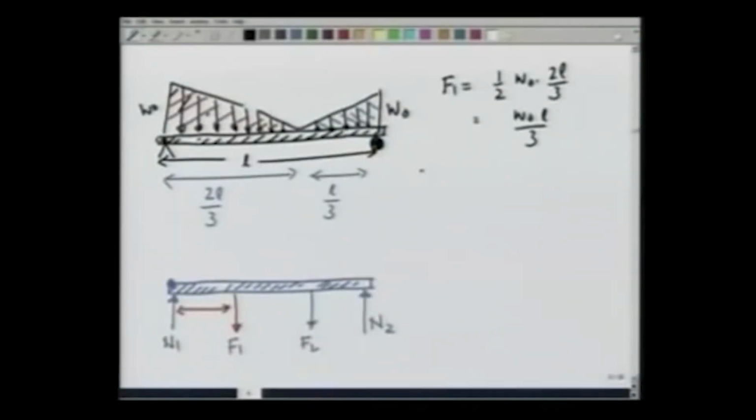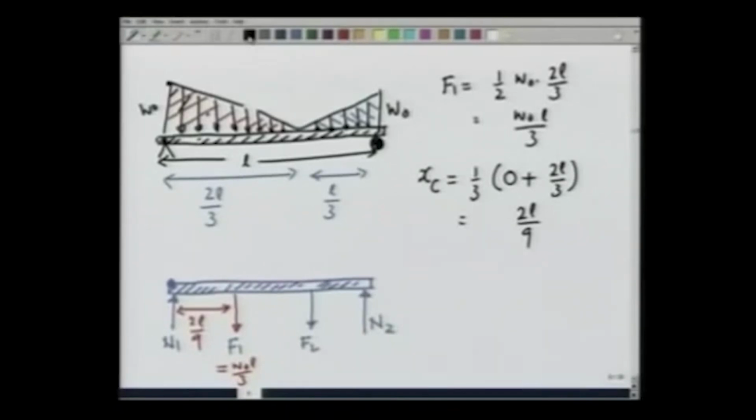The centroid XC is going to be equal to 1/3, where A is 0 and B is 2L divided by 3. So, this is acting at 2L by 9, and F1 is equal to W naught L by 3.